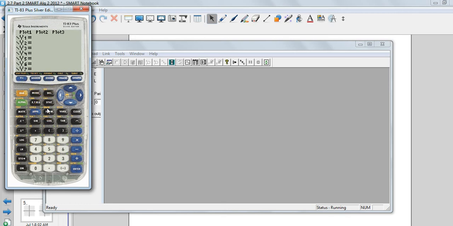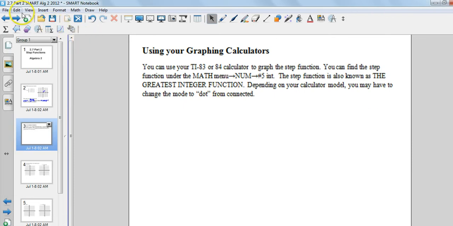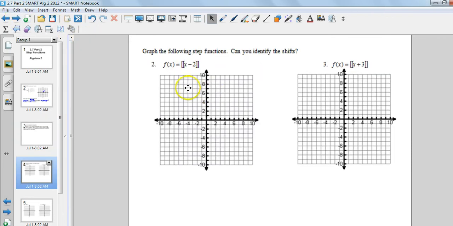And then to pull up the greatest integer function, you go to the math menu and you go over to the number category. And the number 5, int, stands for the greatest integer function. That's where you will find it. So if I'm on my presentation back here, and I want to graph number 2, the greatest integer of x minus 2.